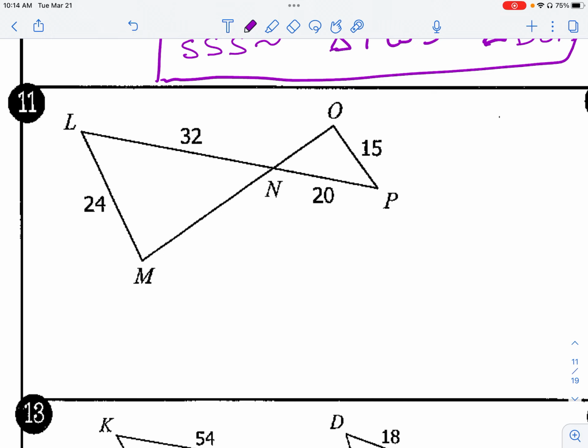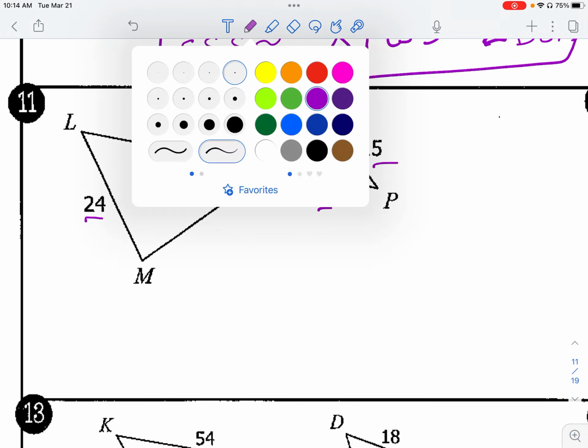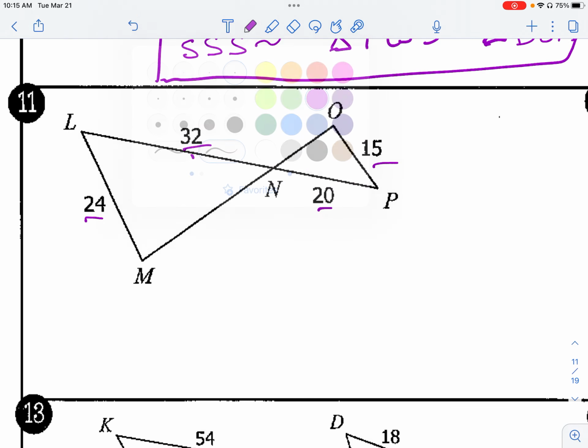Let's see, number 11. We got a side, we got a side. Okay, we've got our vertical angles here.